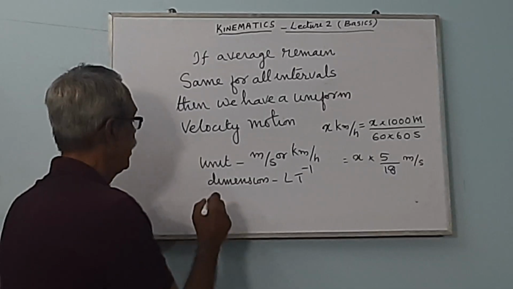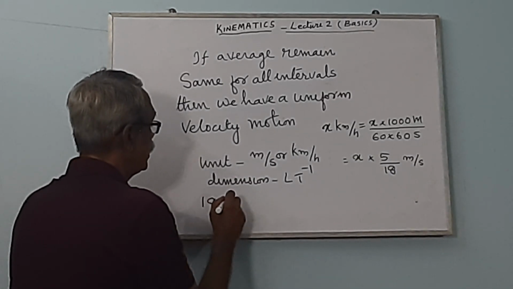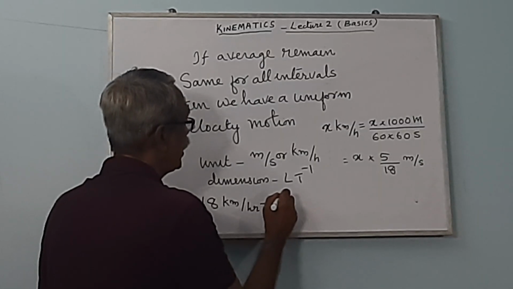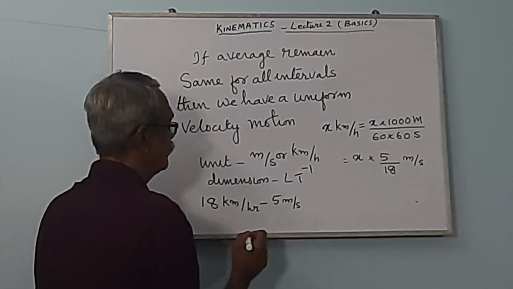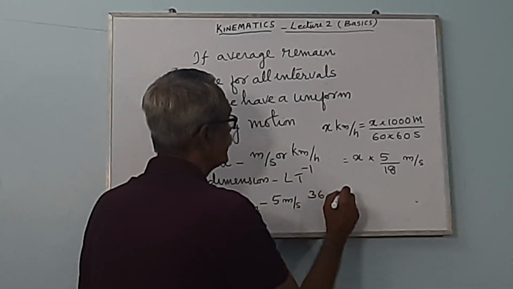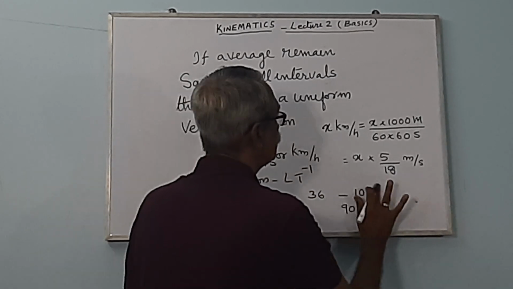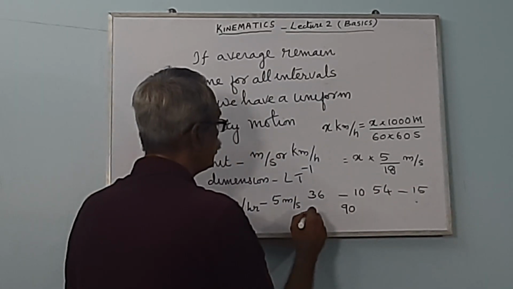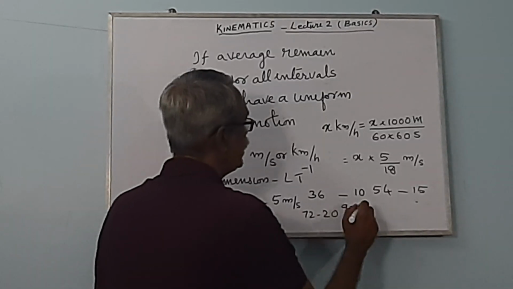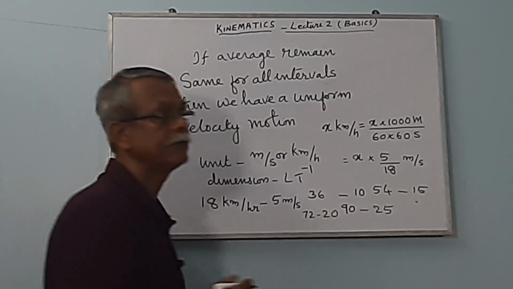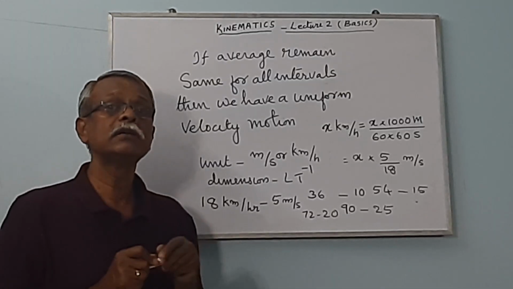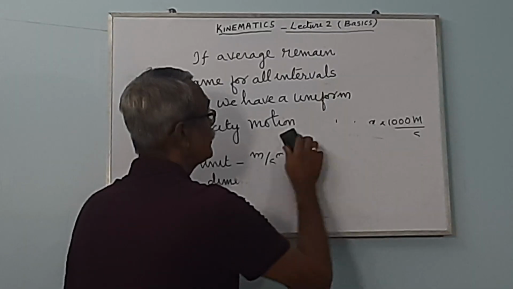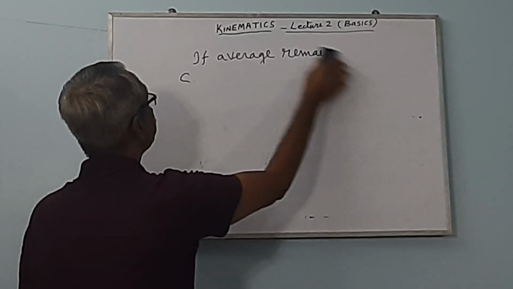Otherwise, you have to multiply by 5 and divide by 18. 18 kilometer per hour corresponds to 5 meter per second. 36 corresponds to 10, 54 corresponds to 15, 72 corresponds to 20, 90 corresponds to 25, like that. So you can easily convert something given in kilometer per hour to that given in meter per second. That can be easily done.